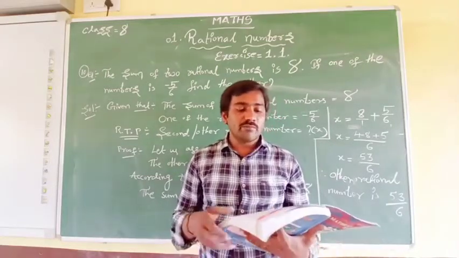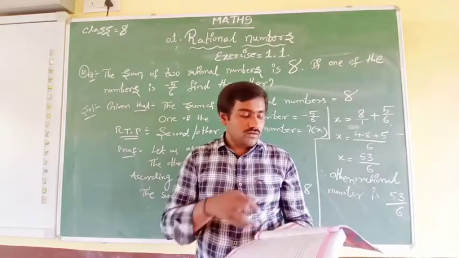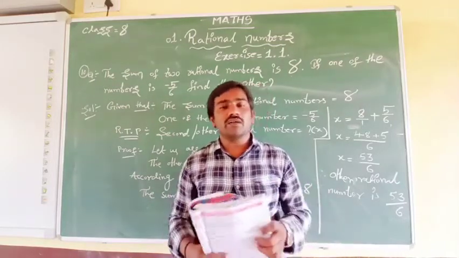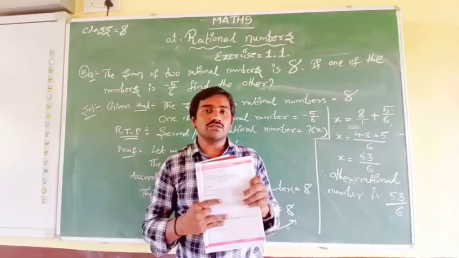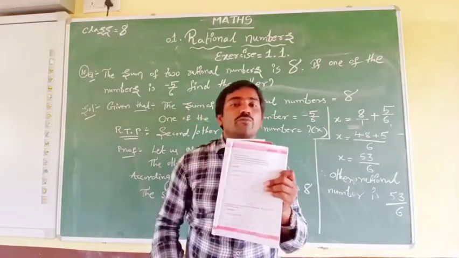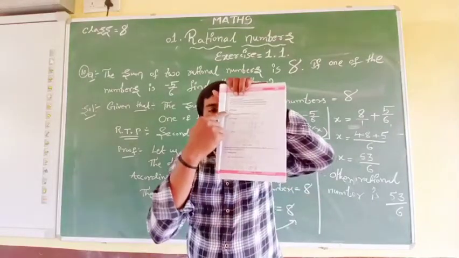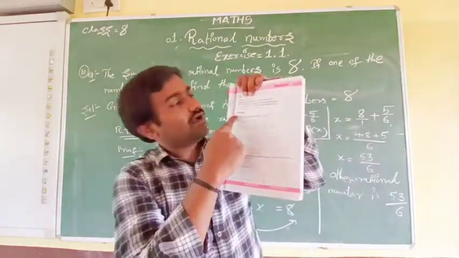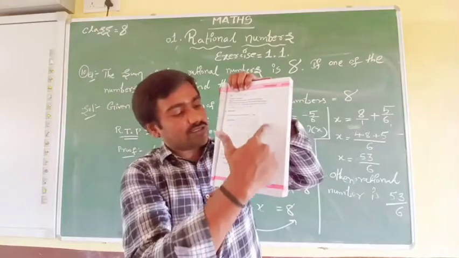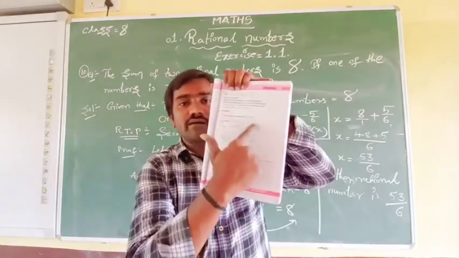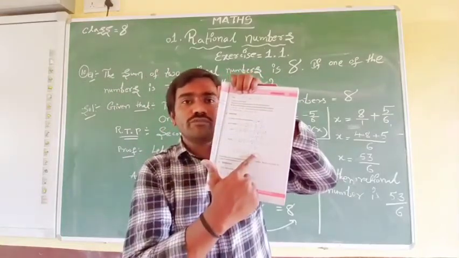Here in page number 11, while explaining the properties of rational numbers, in the part on associative property, they have taken the associative property under subtraction. They have taken one example and solved it.